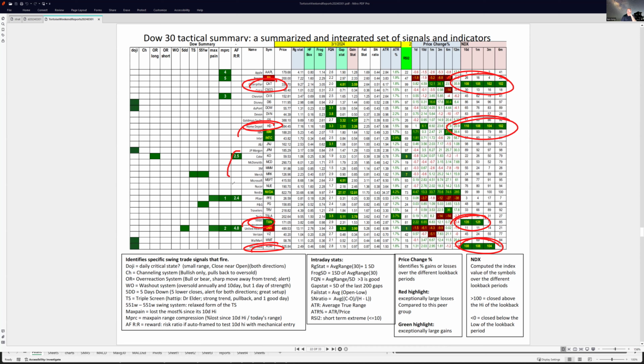Only a handful of symbols trading better than 2-to-1 on the Autoframer. You have 1 5-day down in United Health. It tests out at 4.8-to-1 on the Autoframer. So that should be an alert. So RSI2 is 1. That means it's been washed out the last 2 days.